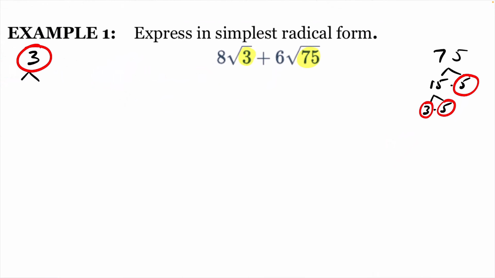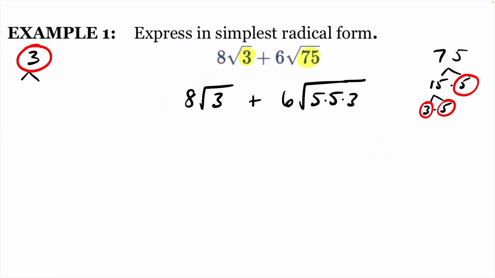Okay, then rewrite. This is part of simplifying. So I have 8 square root 3. 3 was a tree with no branch, it was just 3, so that's why 3 stays. 75, though, is 5 times 5 times 3. So I have 6 square root of 5 times 5 times 3.